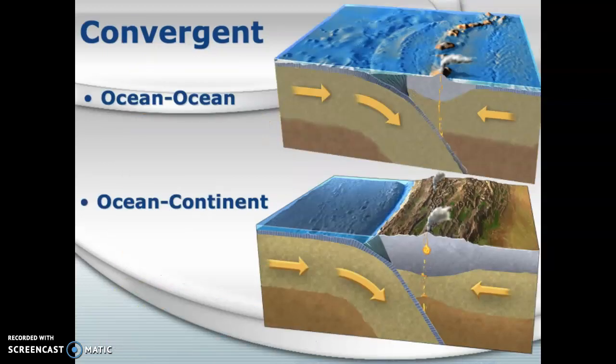So the teaser for the next set of slides will be the convergent margins. We will talk about what happens to that ocean crust that we created. And remember, that original ocean crust is very similar in composition to the mantle.